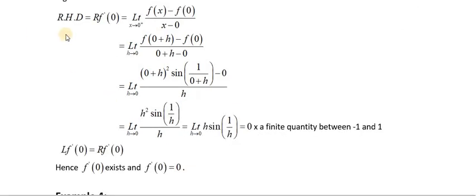Now the RHD value. RHD equal to R f dash of 0. This is the expression to find the RHD value at x equal to 0.